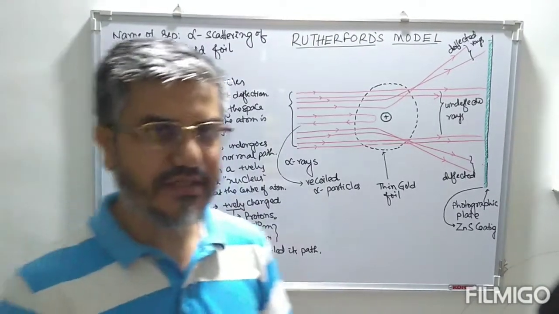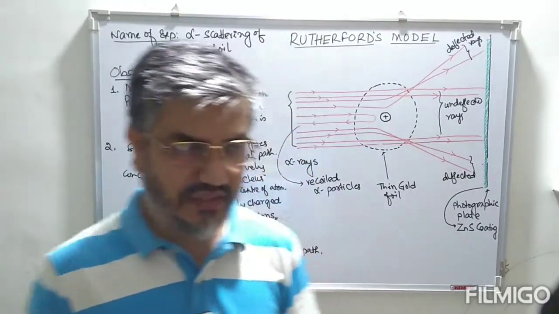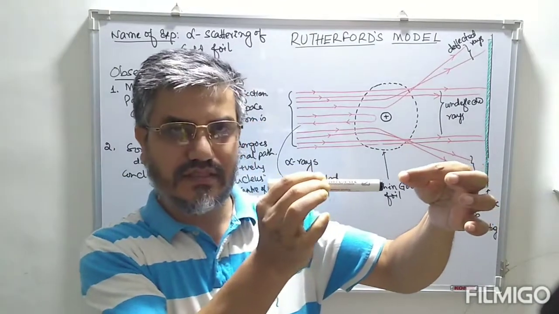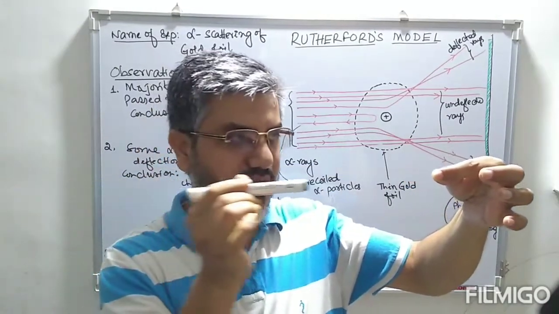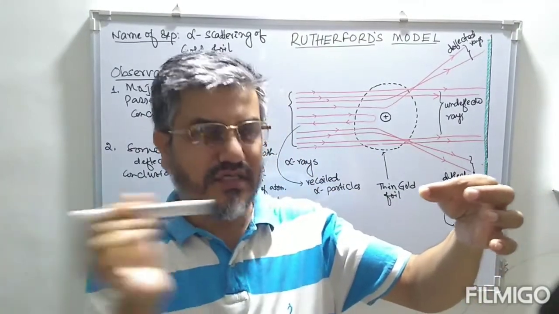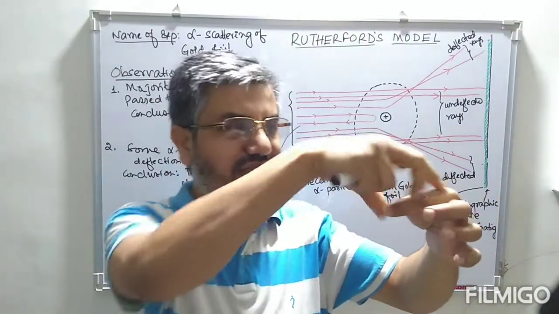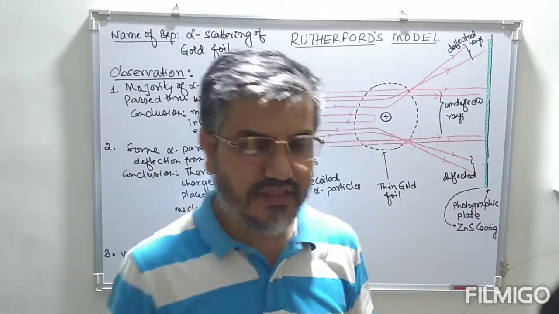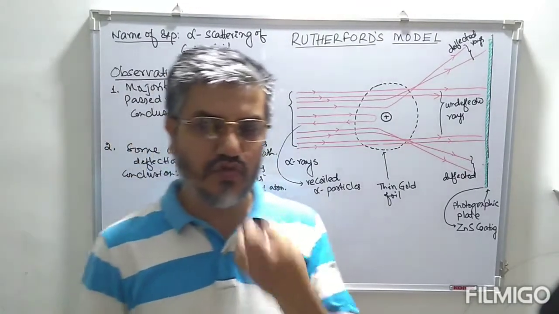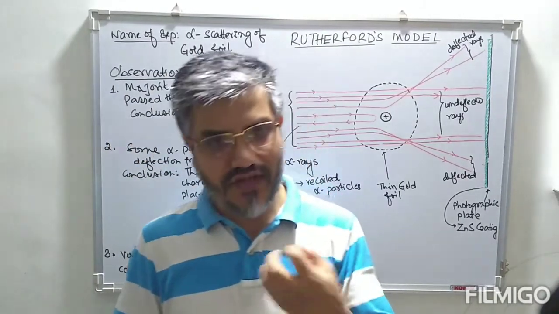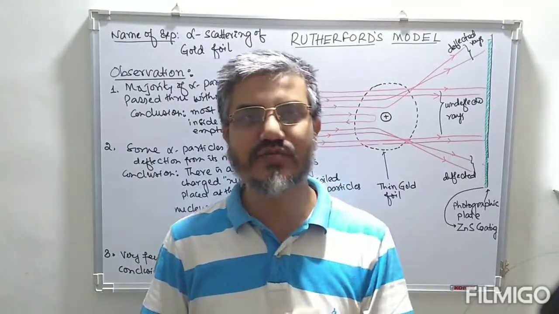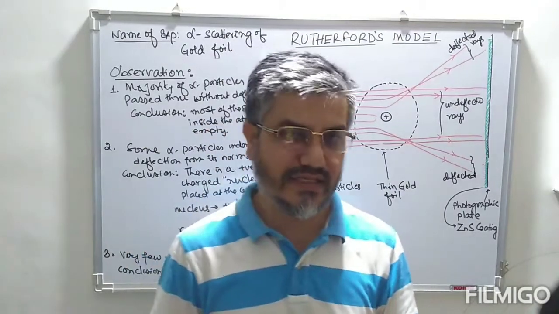The centrally placed nucleus is very highly rigid, and those alpha particles approaching this nucleus undergo the recoil of their path. This recoiling is possible only when the centrally placed nucleus is highly rigid, and most of the mass of the atom is concentrated in this extremely small volume known as the nucleus.